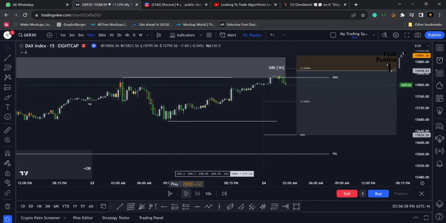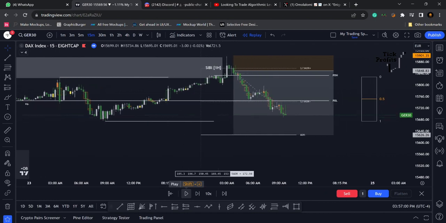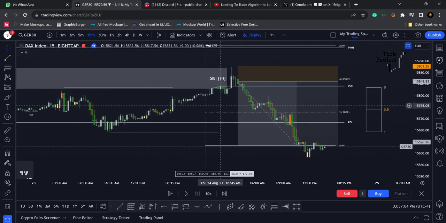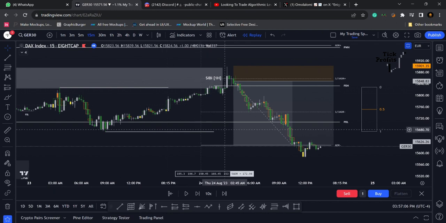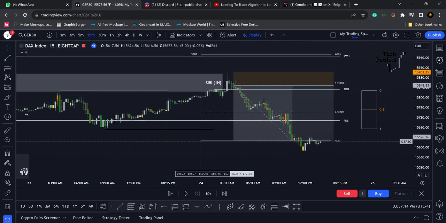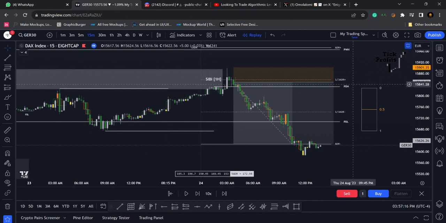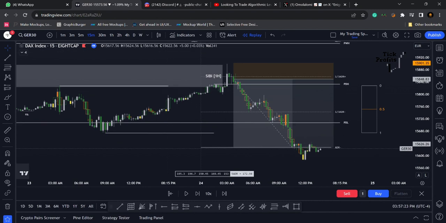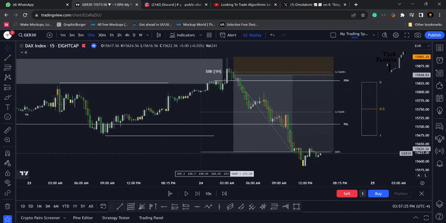Okay, sorry. My replay was just too fast for me. So we can see that the ADR is an algorithmic level, and ICT told us to pay attention to it if you are scalping, if you are an intraday trader, not a swing trader or a position trader.